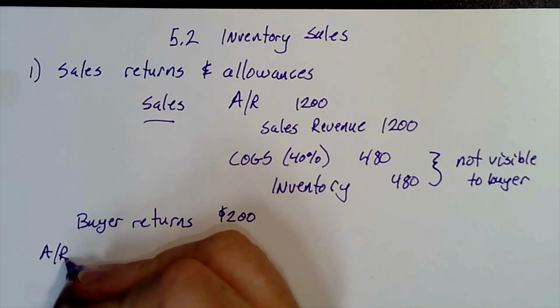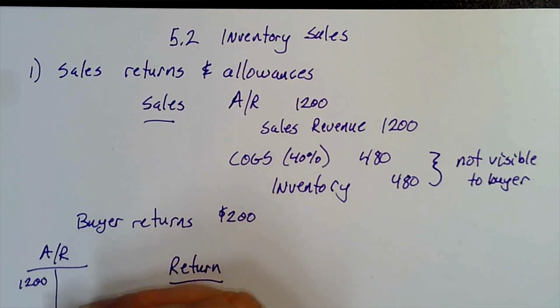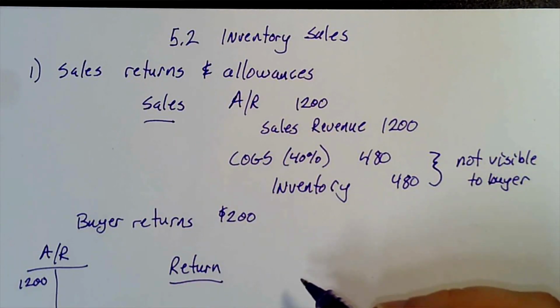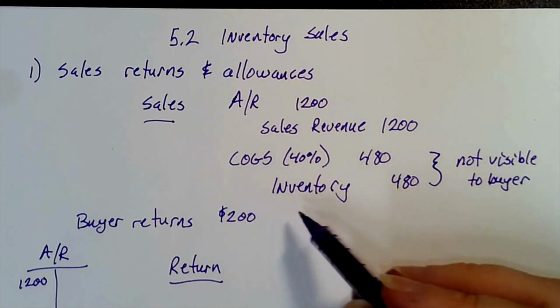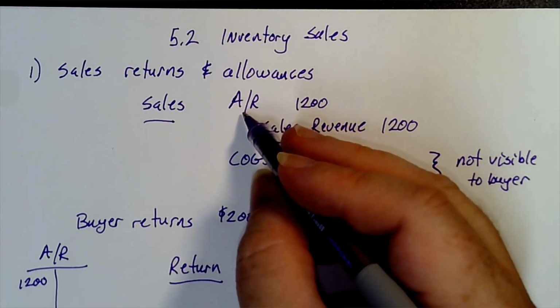First of all, we have an AR account of 1,200. We've got a revenue account of 1,200.